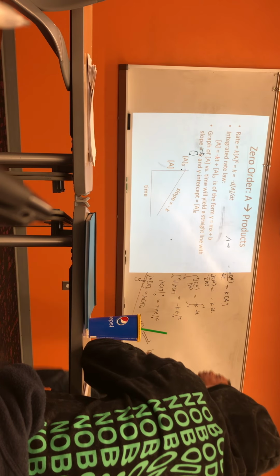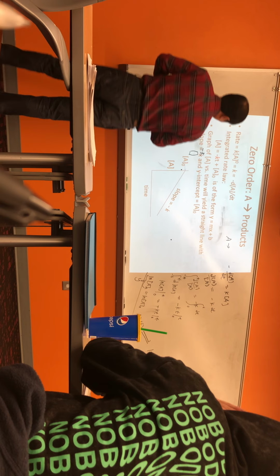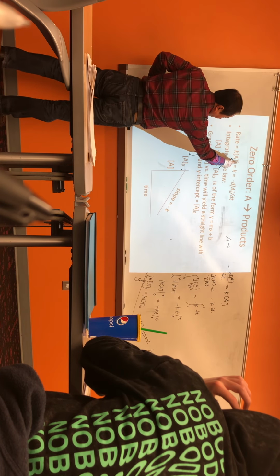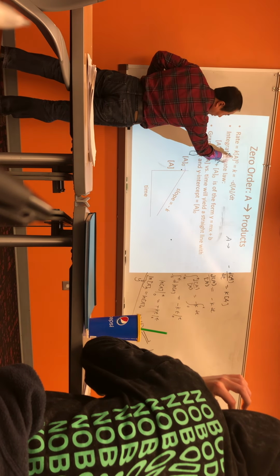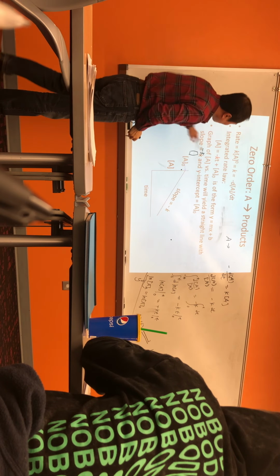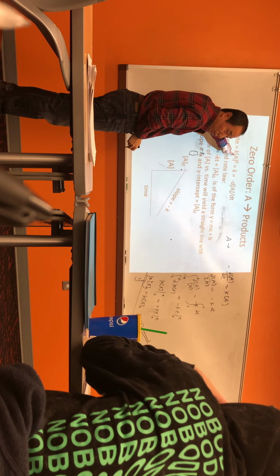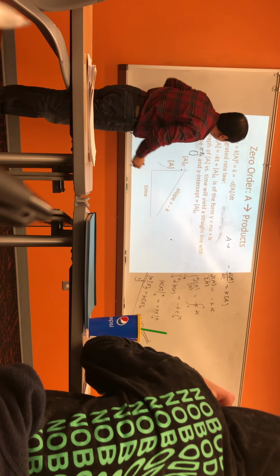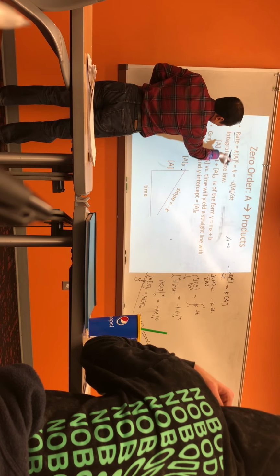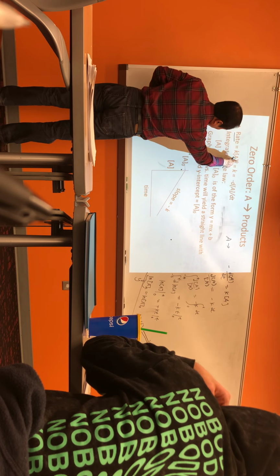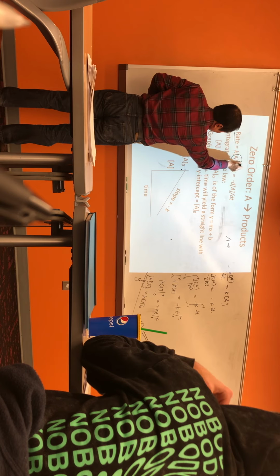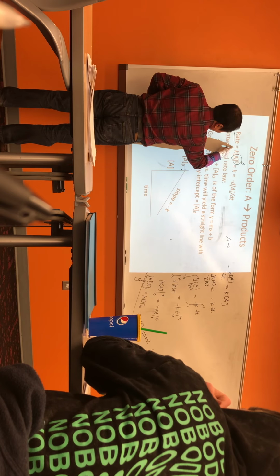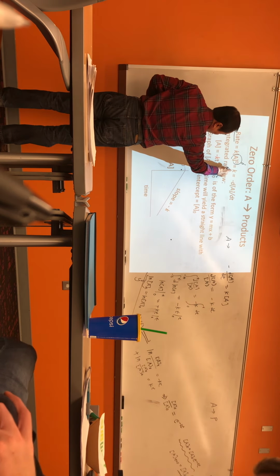What about zeroth order? We have a zero exponent over the reactant, so actually it doesn't depend on the reactant concentration. Okay, that's what zeroth order is. Because if the rate law is [A] to the 0, now this guy is simply 1. So practically the rate law is just k only.